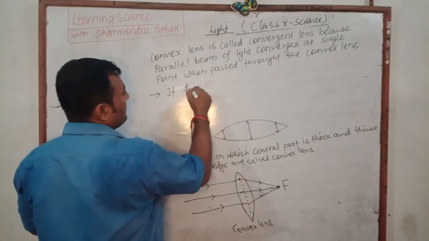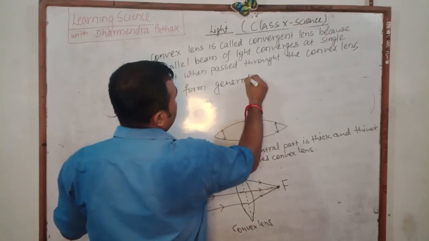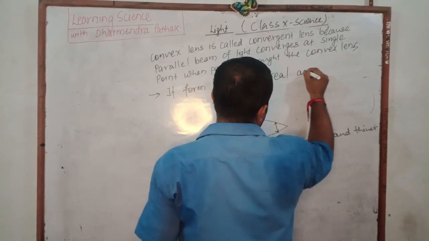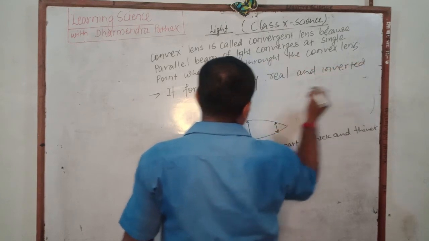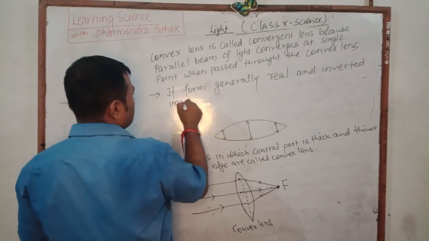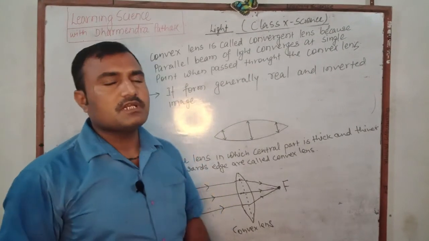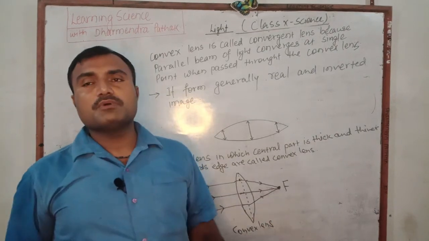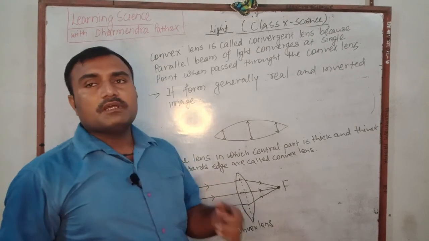It generally forms a real and inverted image. Here we write generally because there is a certain condition in which a convex lens also forms a virtual image, which we describe in a ray diagram.